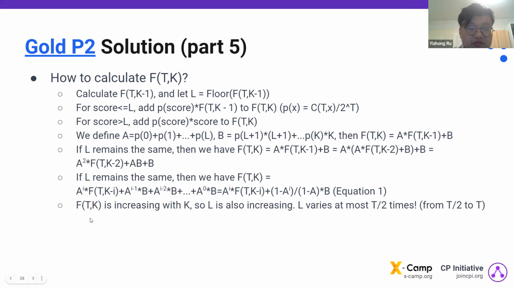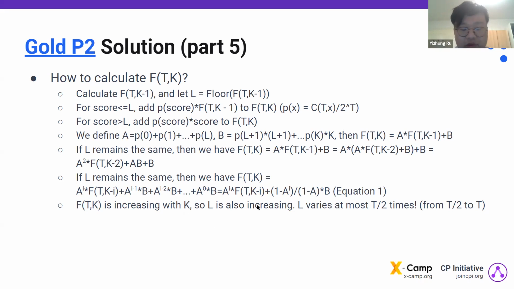Okay, but if L changes, then we cannot use this, because if L changes, A and B will change, right? So this equation is not correct if L, A and B change. But we'll find that FTK is increasing with K, because if we have more chances to submit, of course we can get a higher expected value, right?